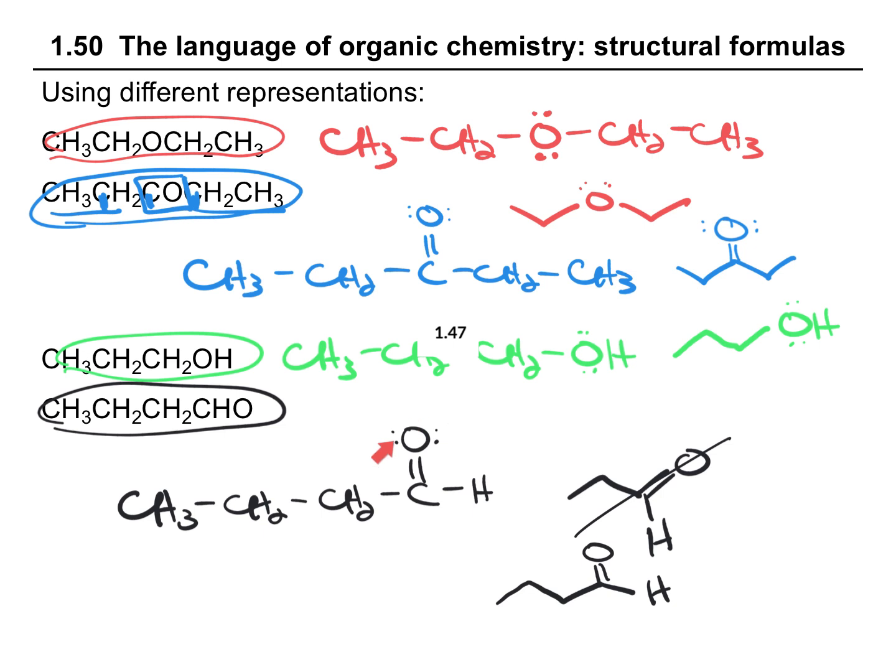So this functional group is an aldehyde where we have a C double bond O and that C is connected to a hydrogen. So normally with our zigzag rules, we don't draw the hydrogens connected to carbon. We don't have to write this carbon explicitly, but we do write this hydrogen explicitly. So make sure you get lots of practice drawing structures with different representations.